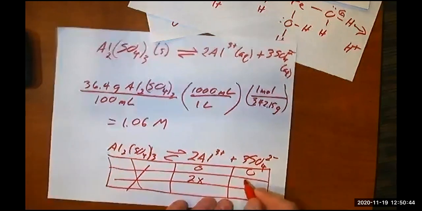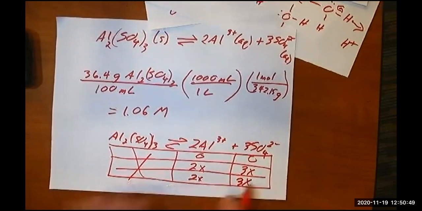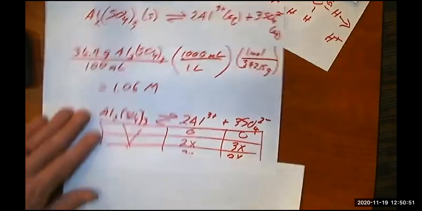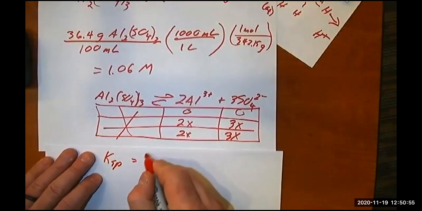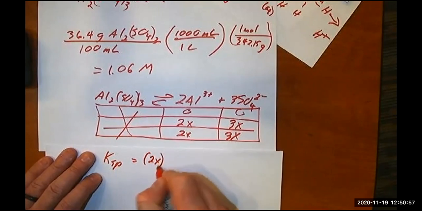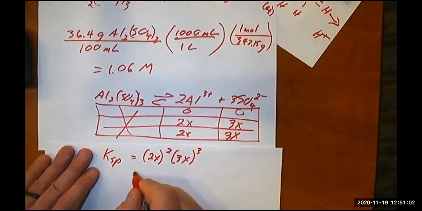2X, 3X, we find that our KSP equals (2X) squared times (3X) cubed.